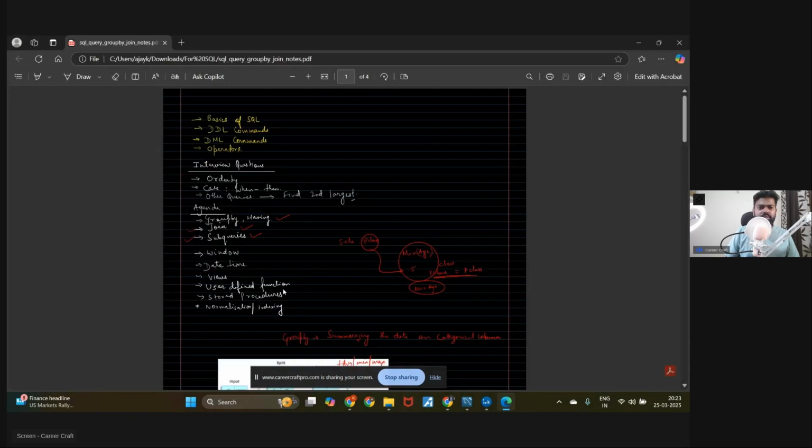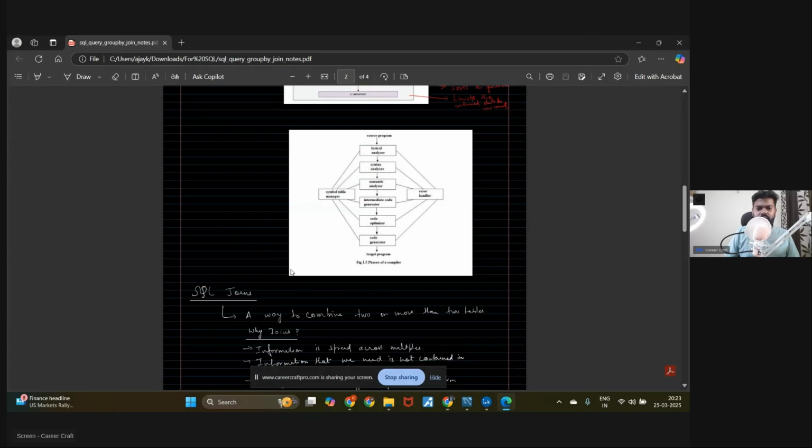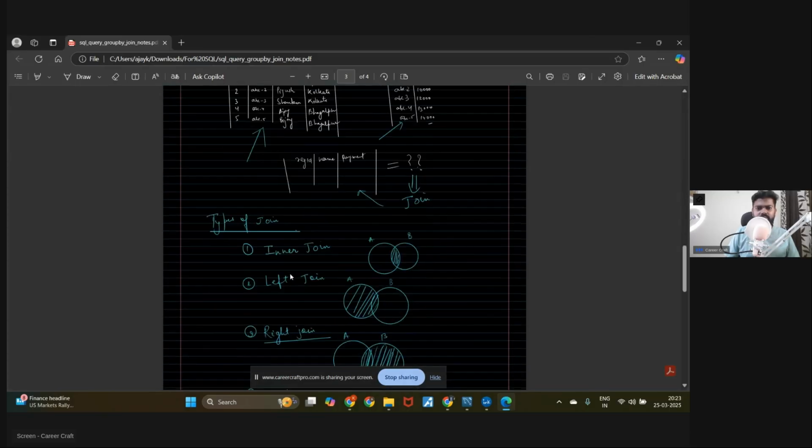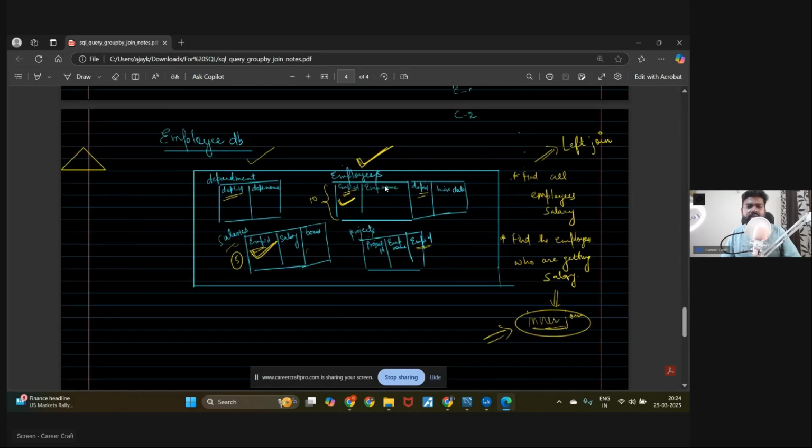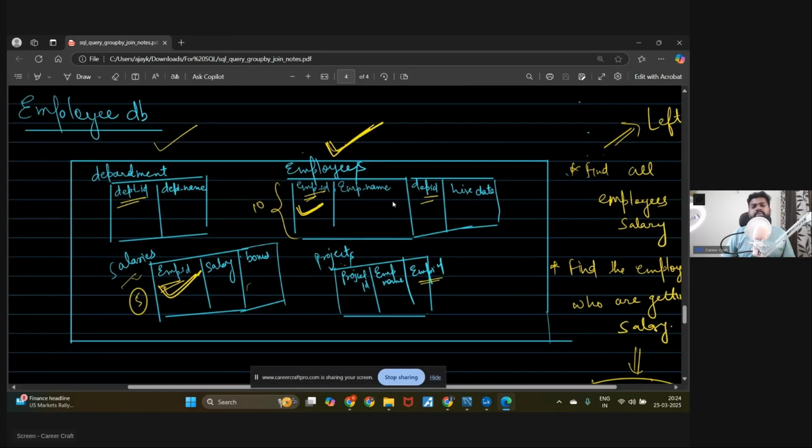So guys, this is the test table structure. Department has department ID, department name. Employees has employee ID, employee name, department ID, hire date. Project has project ID, employee name, employee ID. Salary has employee ID, salary, bonus.